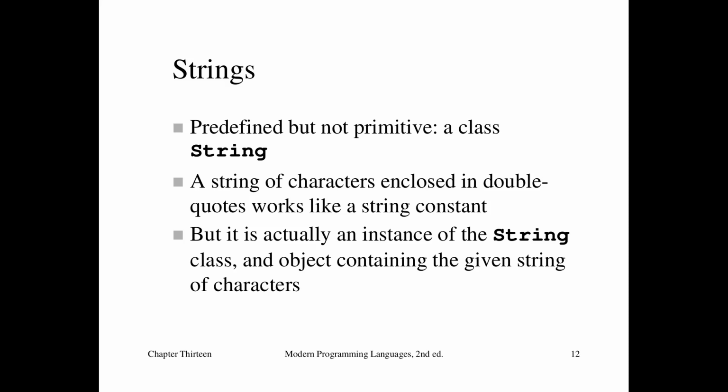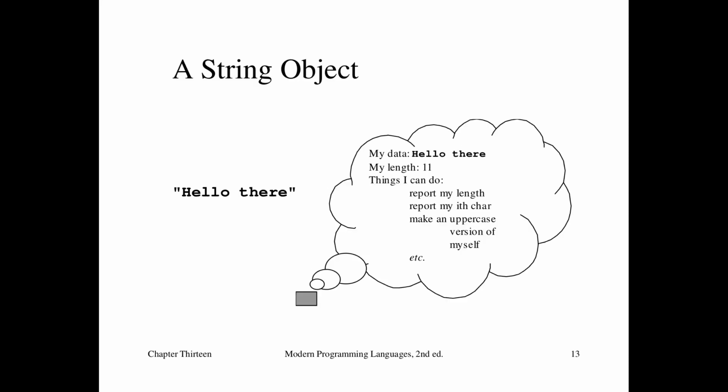So a string, as we expect, is a string of characters enclosed in double quotes. We all should know that. It works just like a string constant. But we have to know that the string literal is literally an instance of the string class, therefore has methods that we can call on it, and works just like any other object.